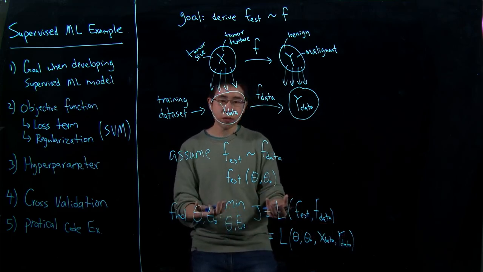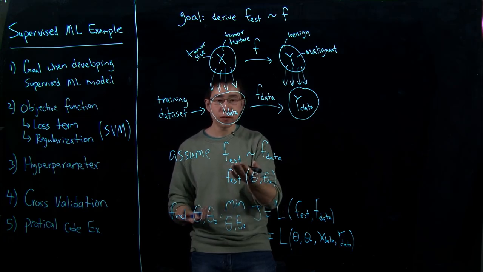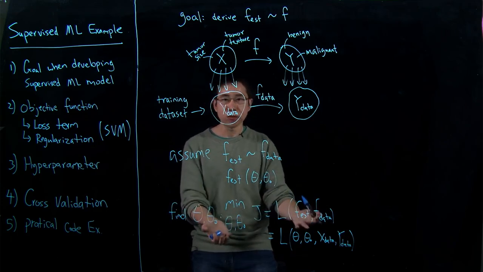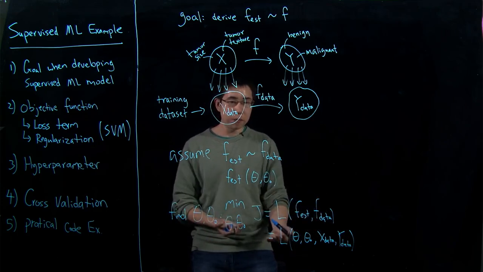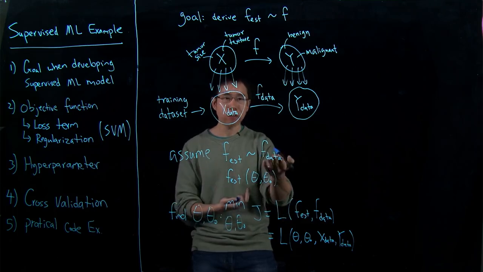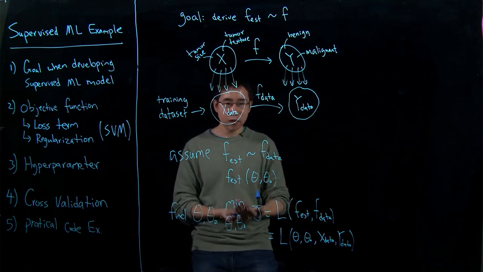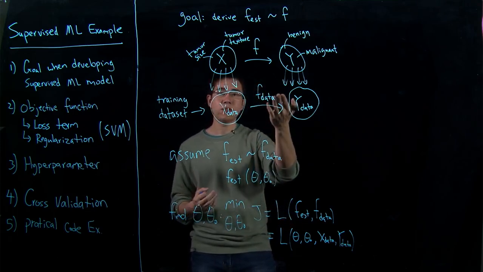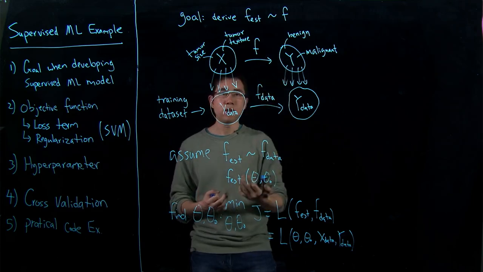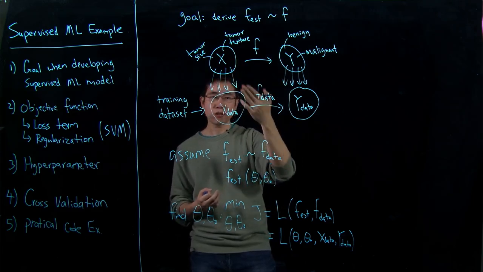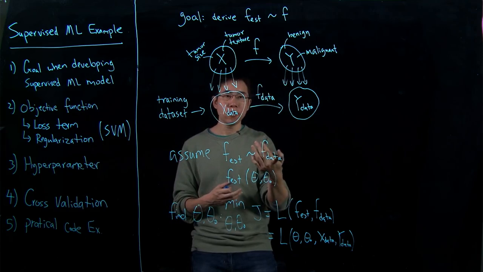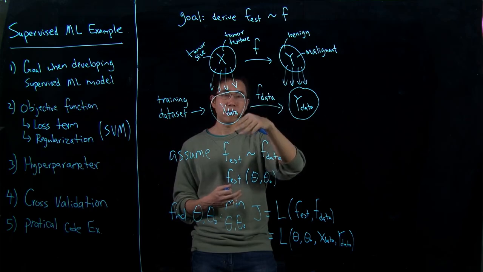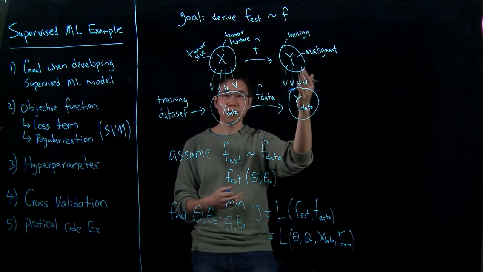Now, if we only wanted to find a function to approximate f data, then this objective function will be enough. This will give us an f estimate that closely approximates f data. However, we must note here that f data is not necessarily the same as f. Points that are in X are not guaranteed to be explained by f data and mapped correctly to the corresponding Y output.